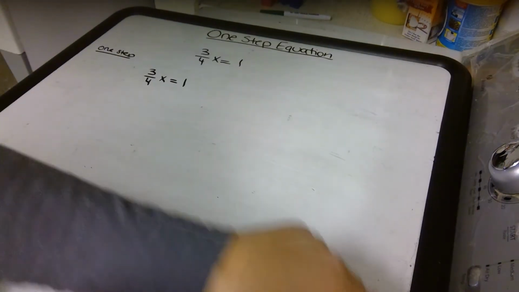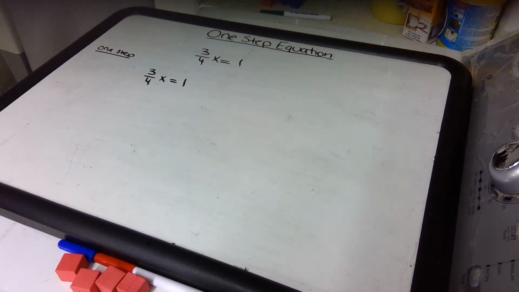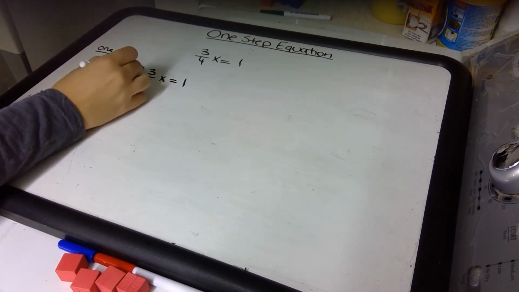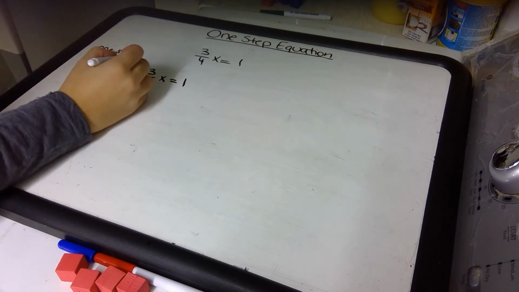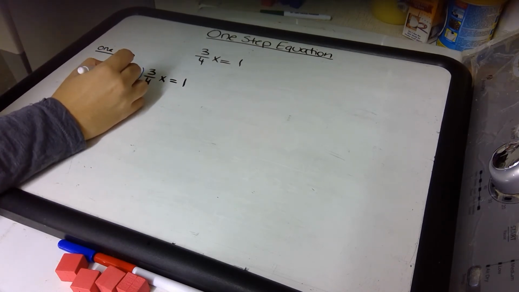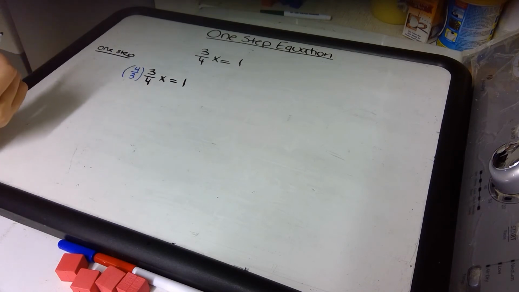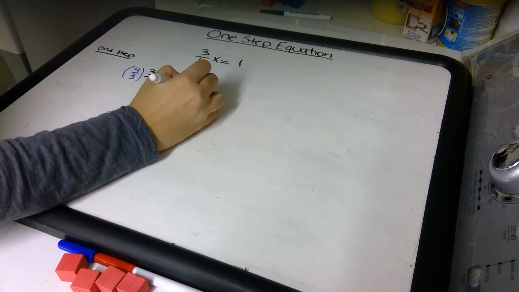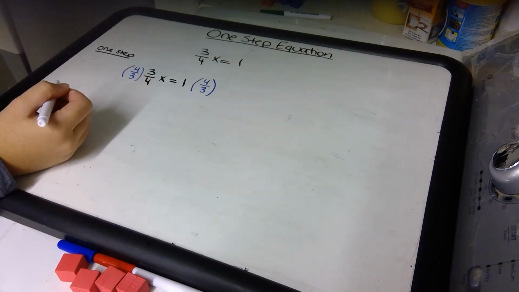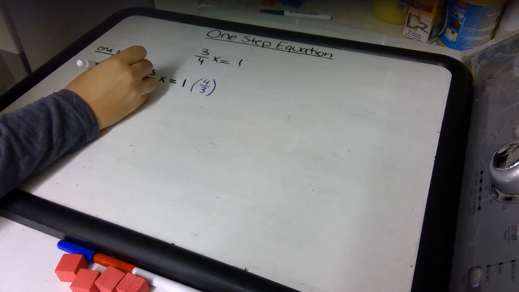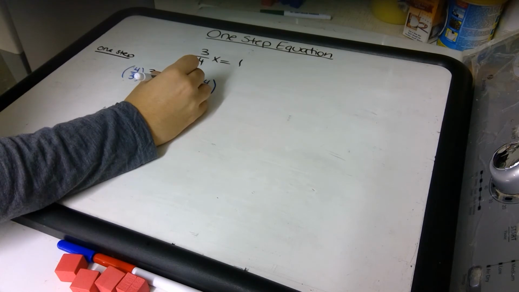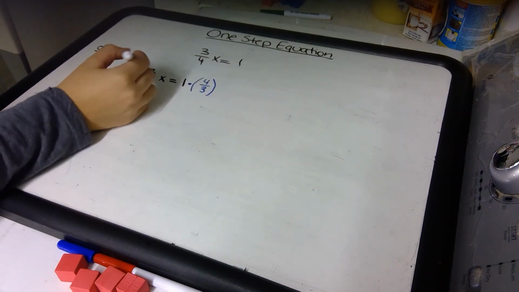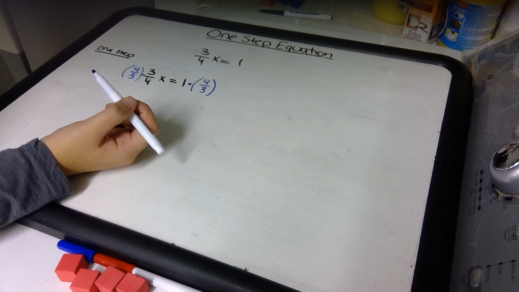We have to use the reciprocal. So remember the reciprocal, we flipped the fractions. So we now have 4 over 3. And here we have 4 over 3. So we're multiplying the two fractions together so that we can get 1.